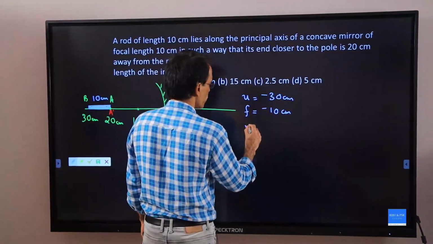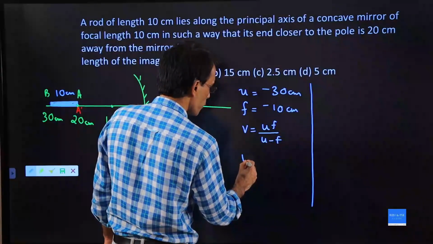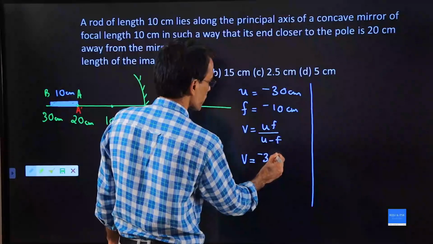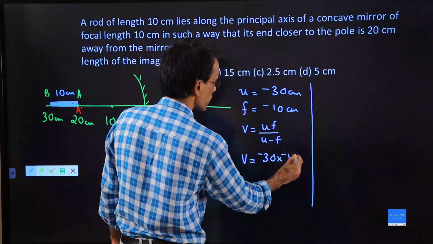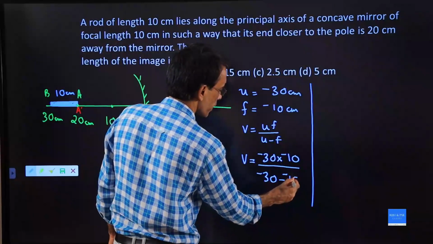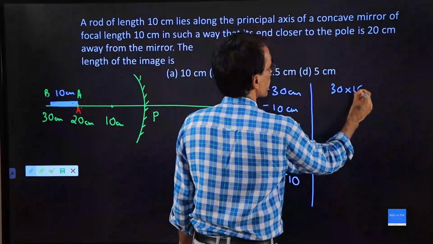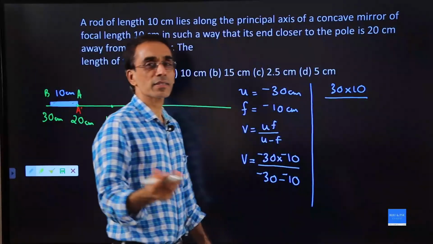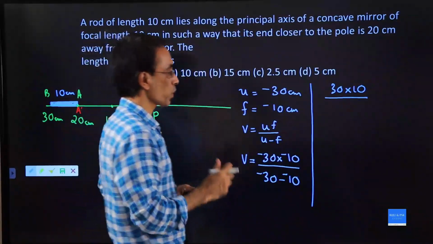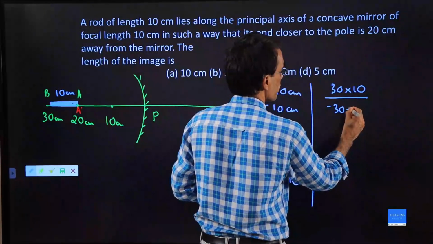So we use the equation V equals UF by U minus F. Therefore, substituting values, what is U? U is minus 30 into what is F? Minus 10, divided by minus 30 minus minus 10. So minus into minus is plus, 30 into 10 divided by, I can write it as 300, but it is always easy to simplify only at the last step. Divide by minus 30 plus 10.